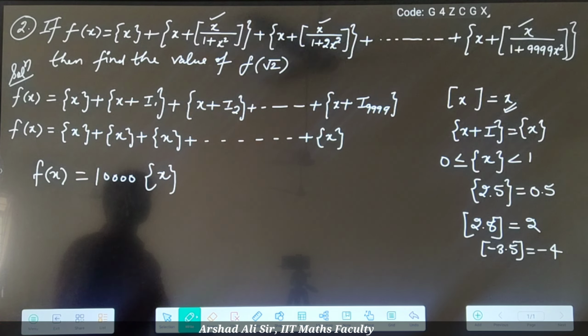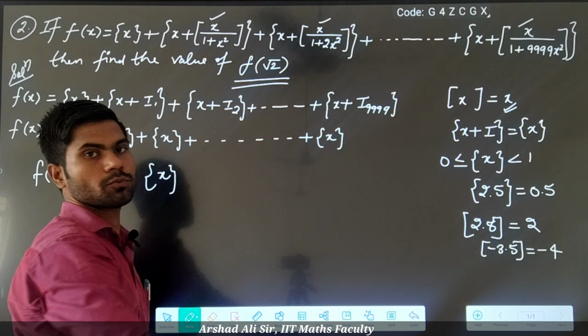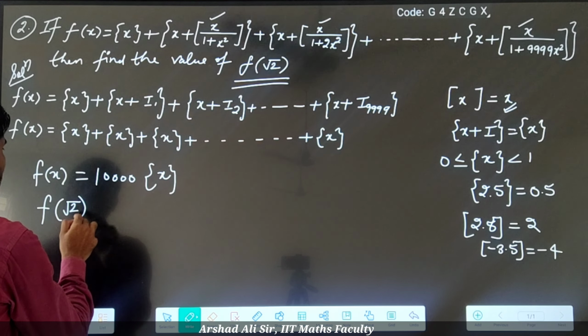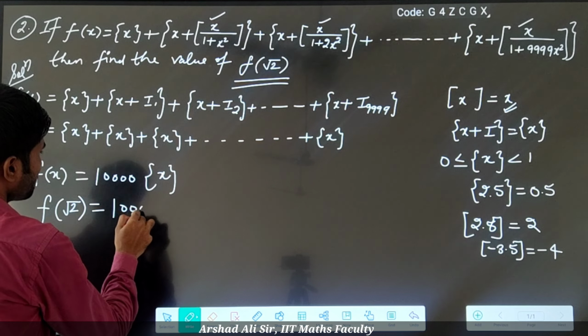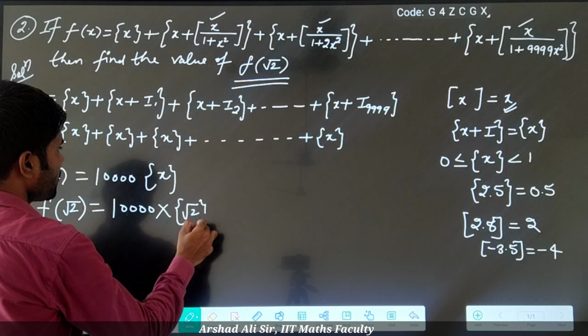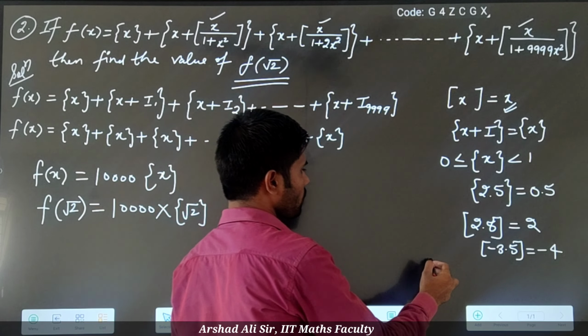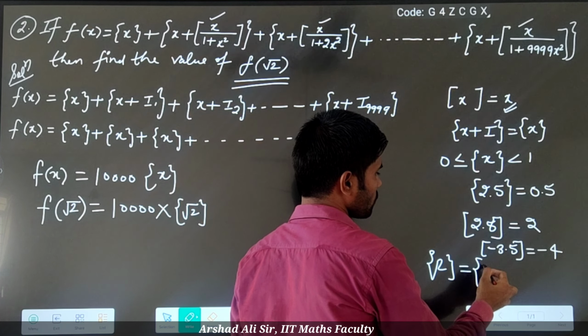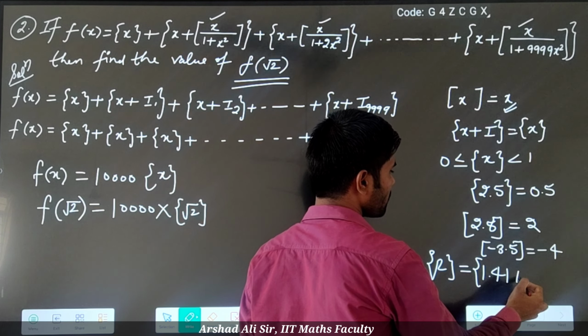Now what is the question? Find the value of f of root 2. So here we can put root 2 instead of x: 10,000 multiplied by the fractional part of root 2. First we should know the value of root 2. Root 2 has the approximate value 1.4142.